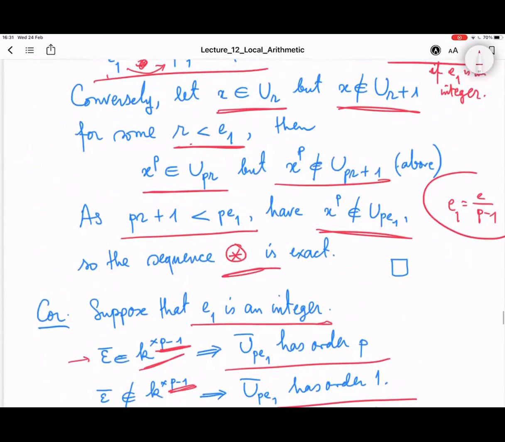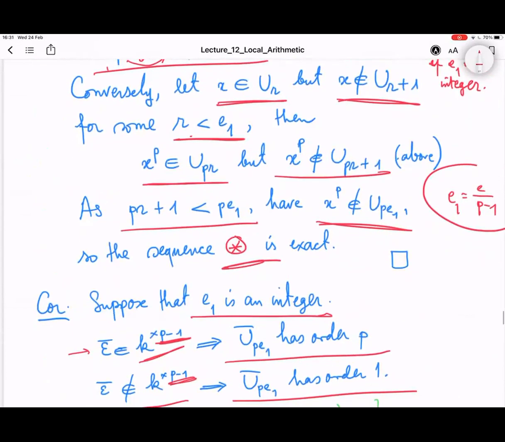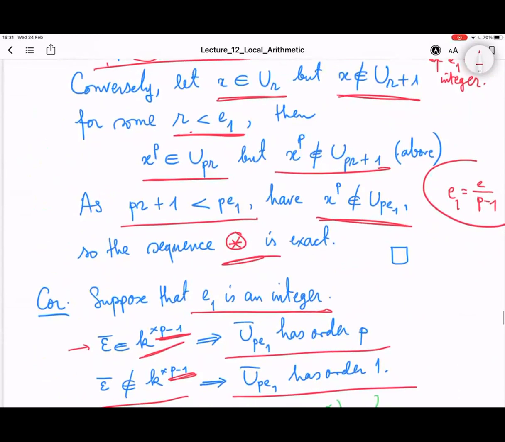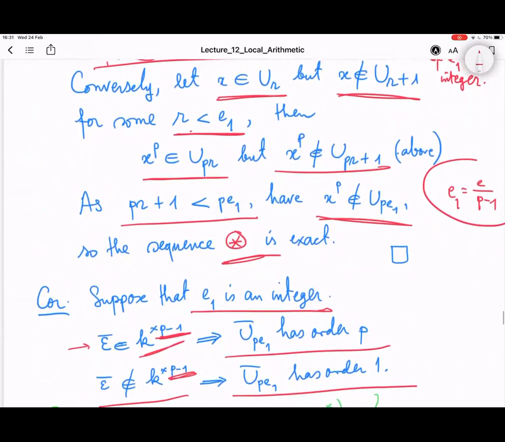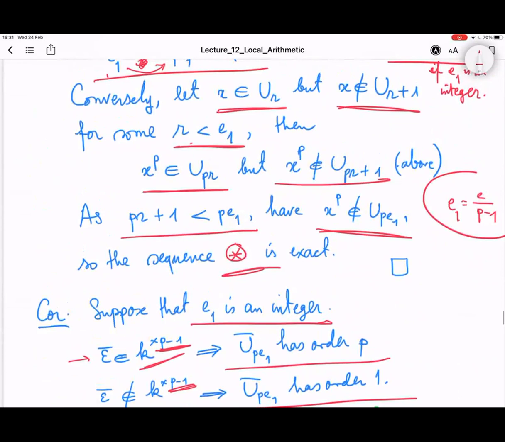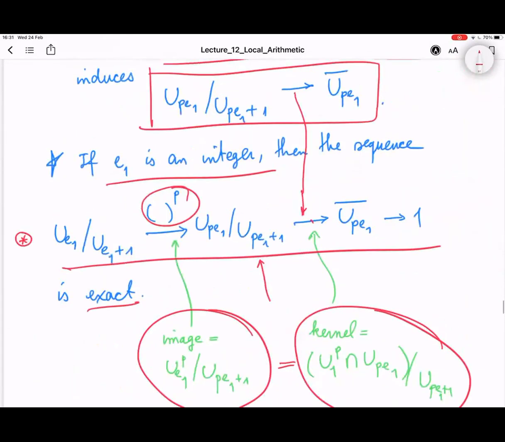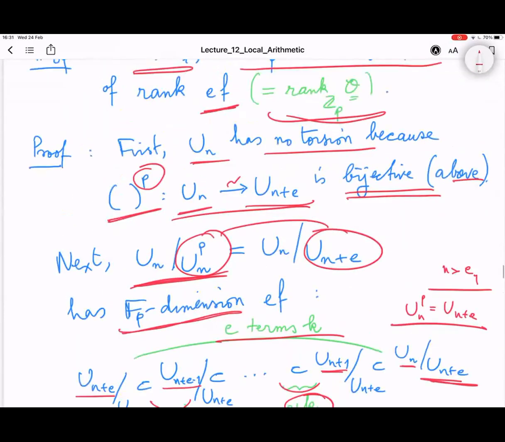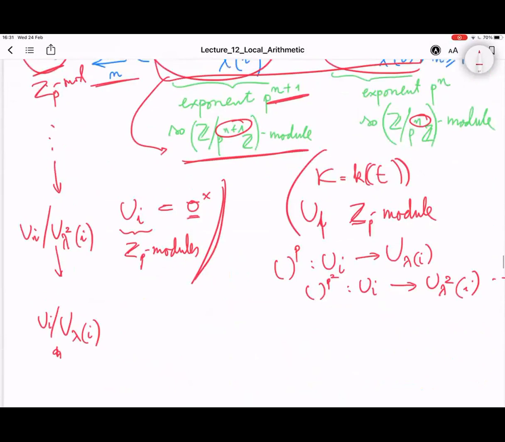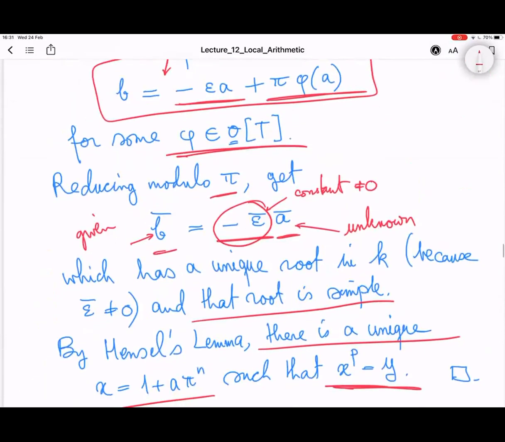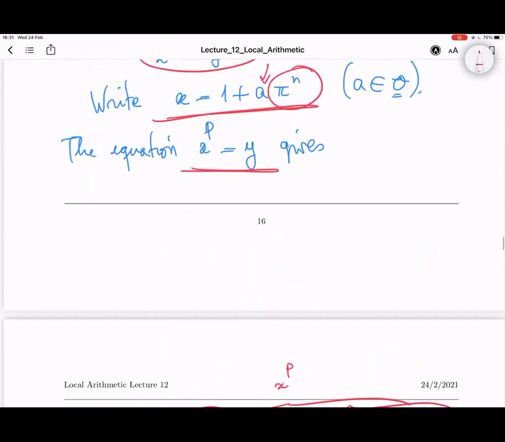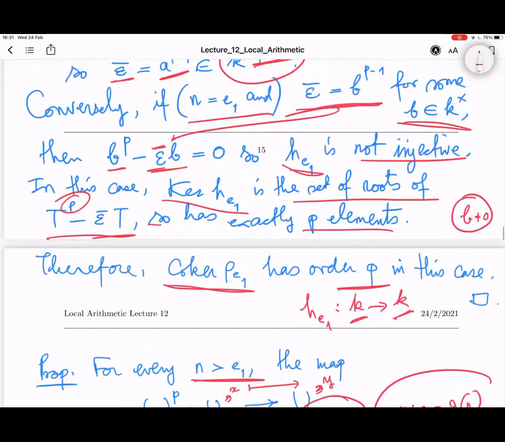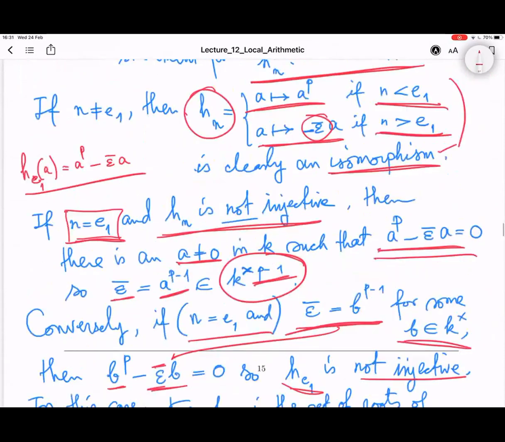Okay, so yeah. So that's something that we had proved earlier, about epsilon 1 bar when it is a p minus 1th power, what happens, and what happens when it's not a p minus 1th power, and so on.